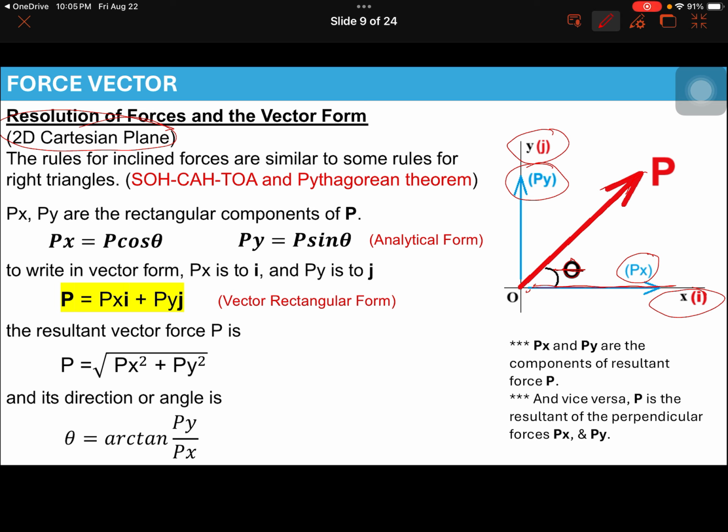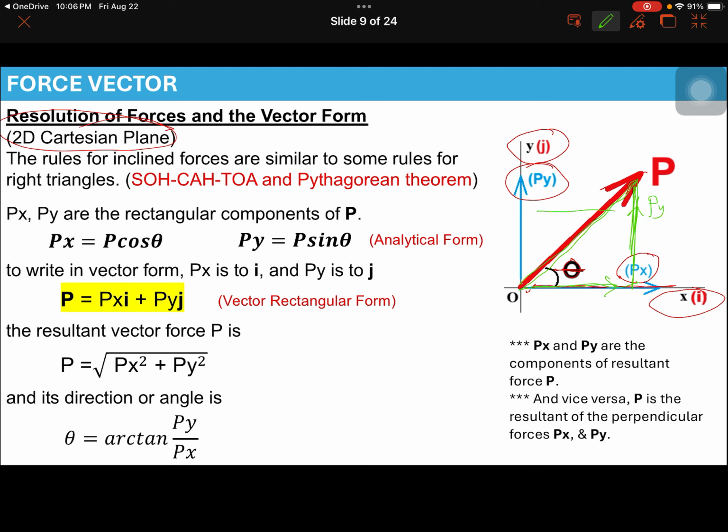To get Px, you can use the right triangle and SOH CAH TOA dito. So, kung ito yung right triangle mo, this is your theta, ito yung Px, and then, dito is your Py.